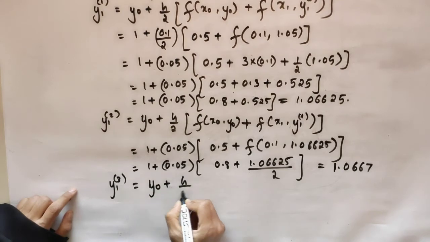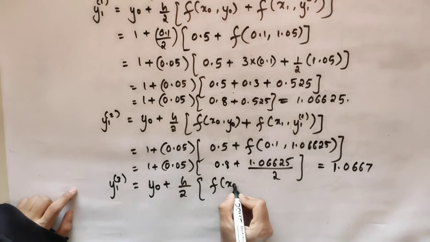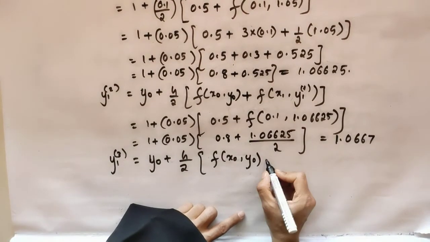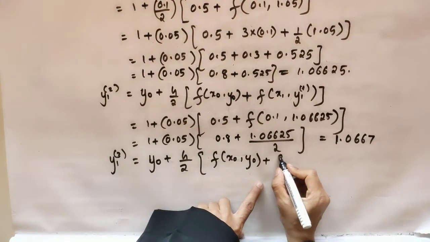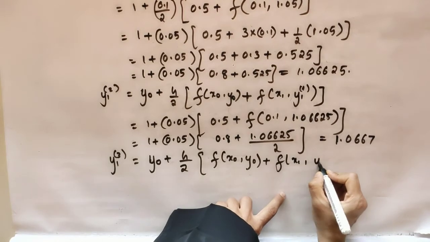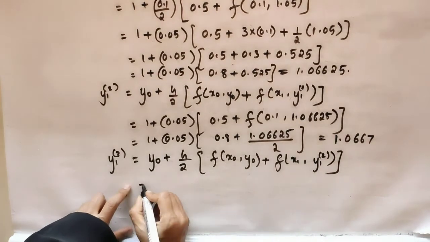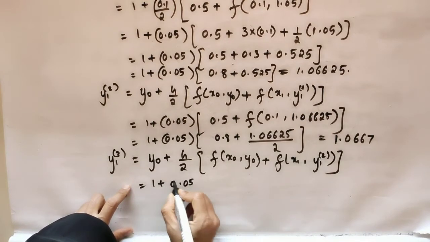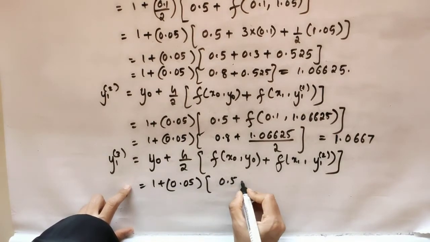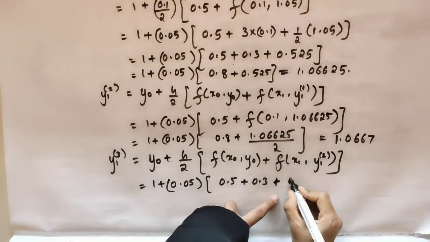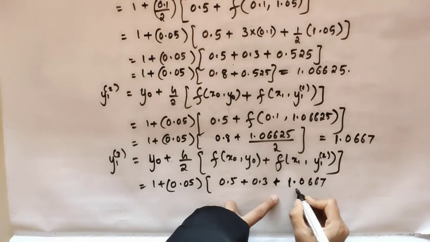Similarly, y1 third approximation is going to be y0. Let's first write the formula. h/2 times f of x0 y0 plus f of x1 comma y1 second approximation, the recent value we are going to use. So this is 1 plus 0.05 into 0.5 plus 0.3. This is going to be this value divided by 2.